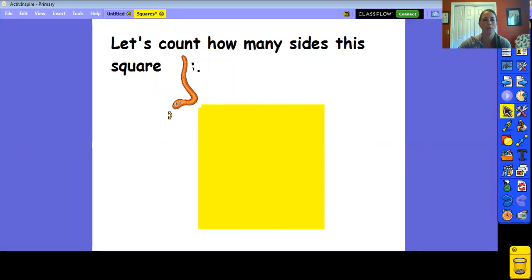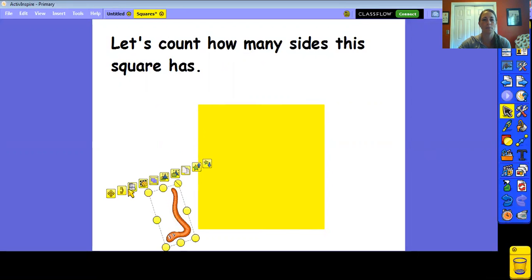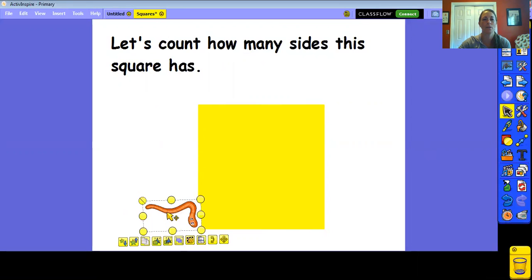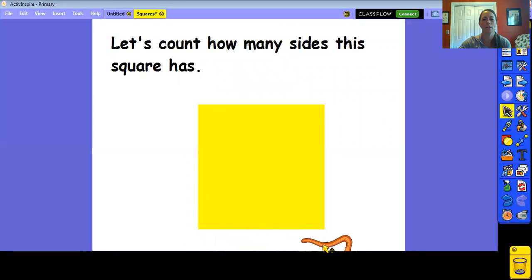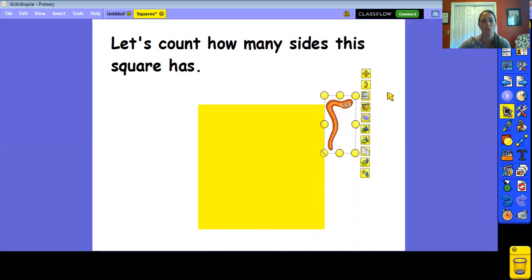And he's going to go down side 2. And let's turn him again. And now side 3. And turn him one more time. And side 4. This square has 4 sides.